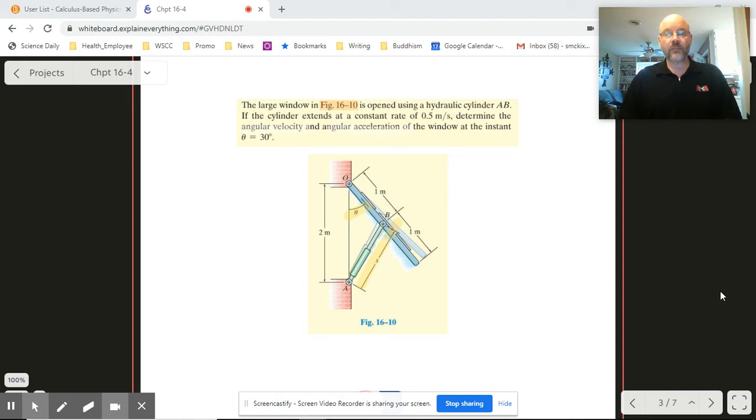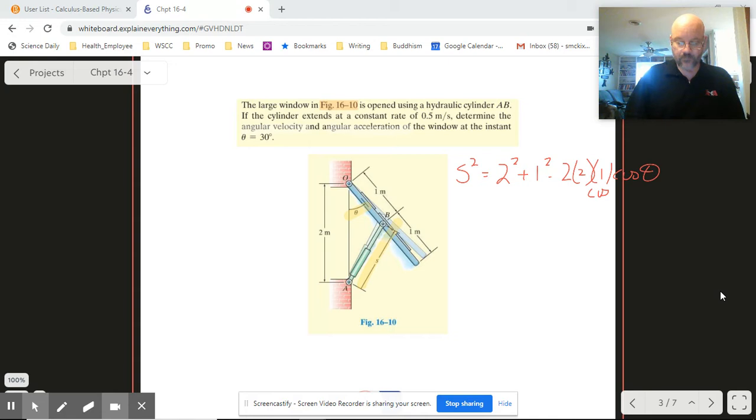This is where the law of cosines is super duper handy. So let's just set that up over here. So we're going to have s squared is equal to 2 squared plus 1 squared minus 2 times 1 times the cosine of theta, like that.